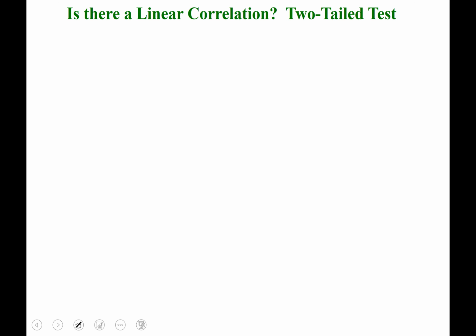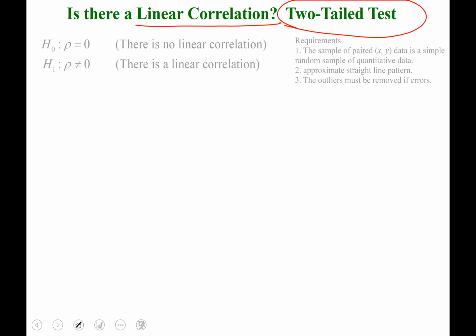So if we are asked, just in general, is there a linear correlation? And they don't specify, is there a positive correlation or is there a negative correlation? If they just ask, is there a linear correlation? Well, that means we could get very close to +1 or we could get very close to -1, which means we would have to do a two-tailed test.